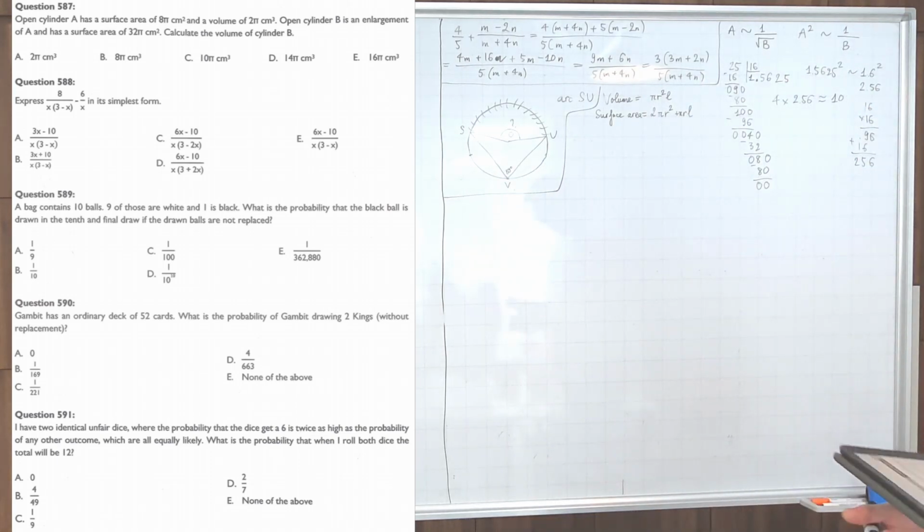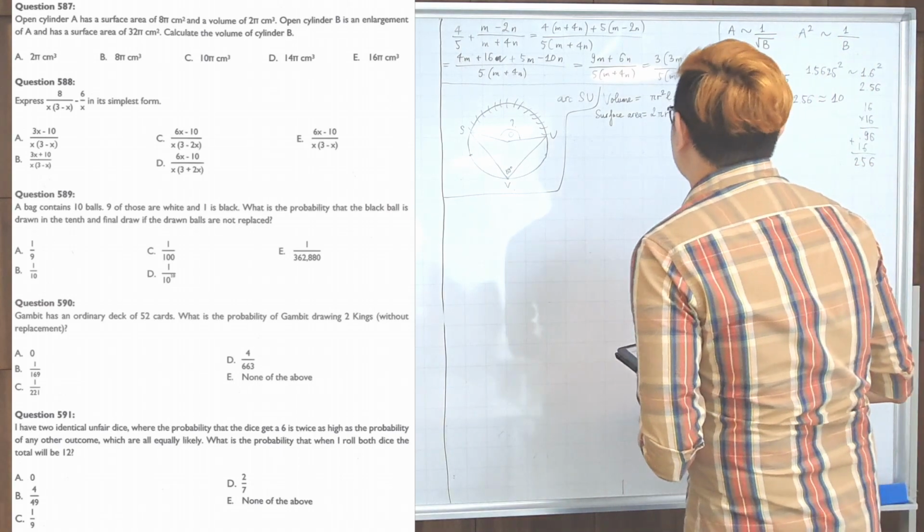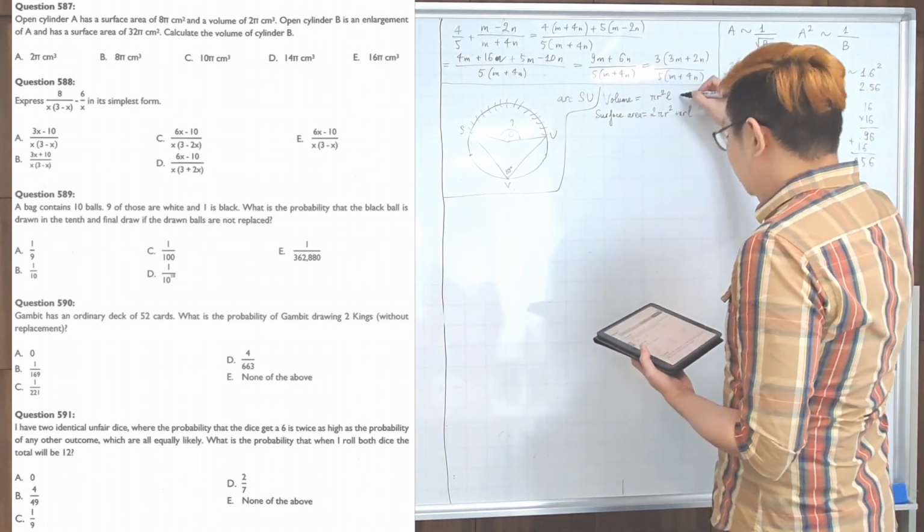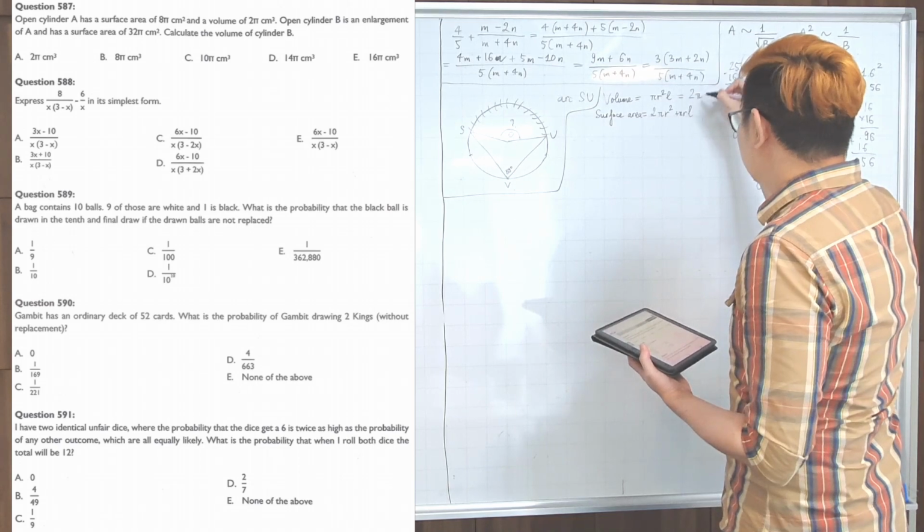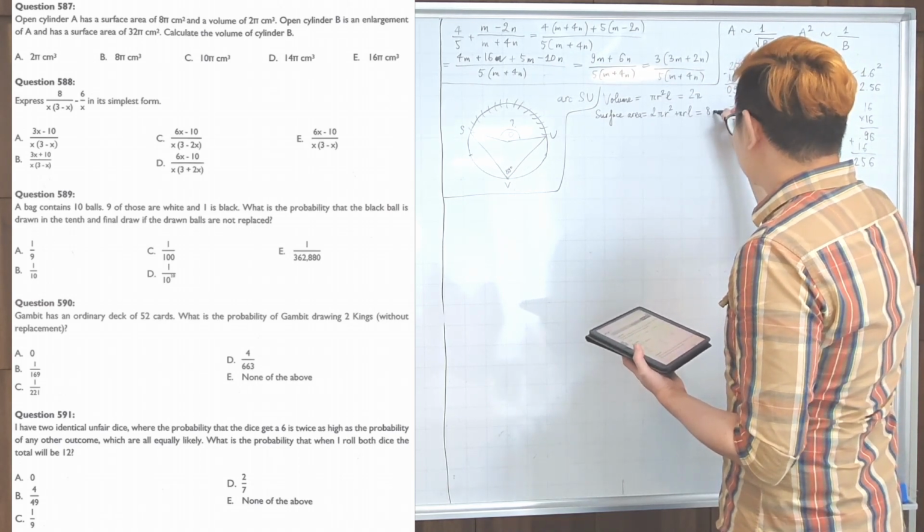That's a problem. So let's just say that volume is 2 pi and this one is 8 pi.